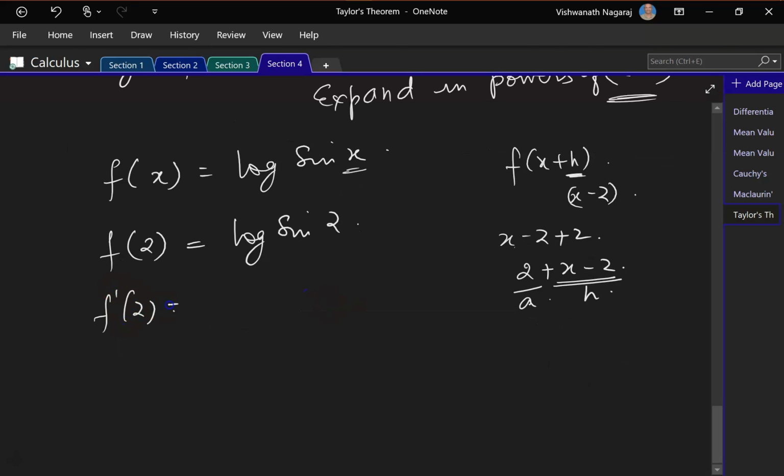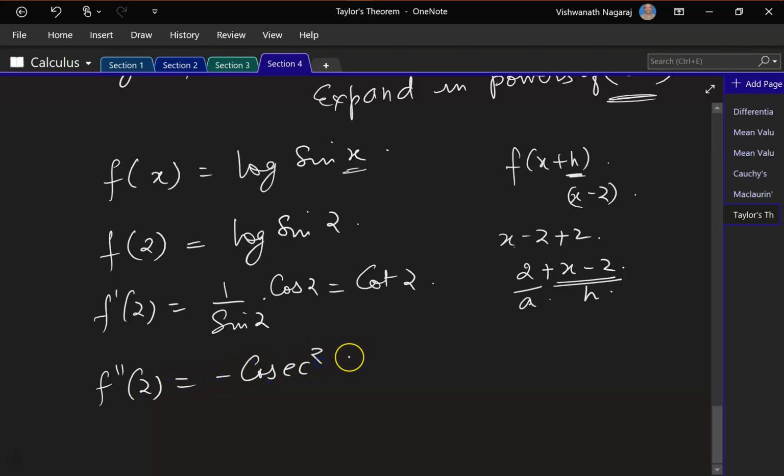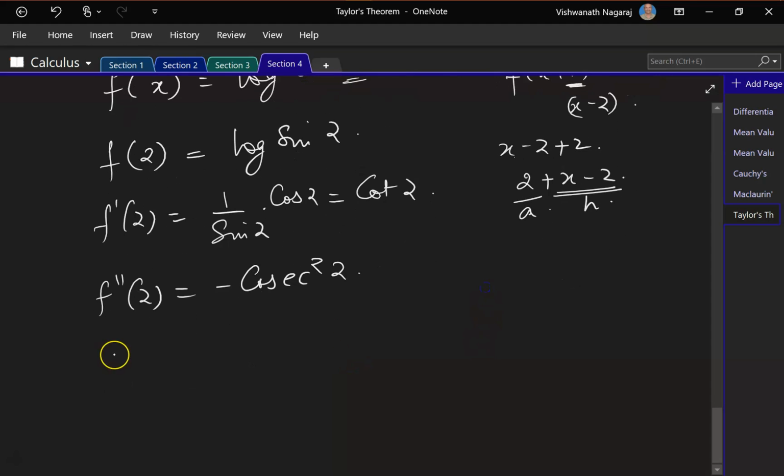F prime of 2 is 1 by sine 2 times cos 2, which is cot 2. Second derivative is minus cosec square of 2. Third derivative is 2 cosec square 2 cot 2 and so on.